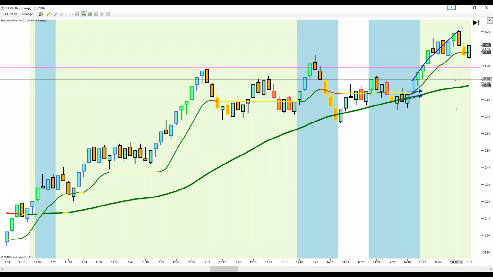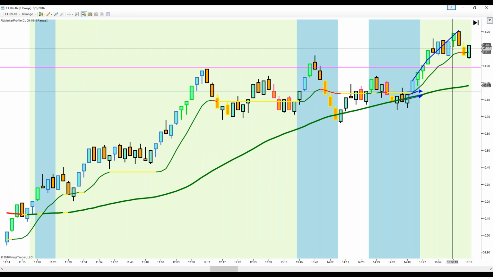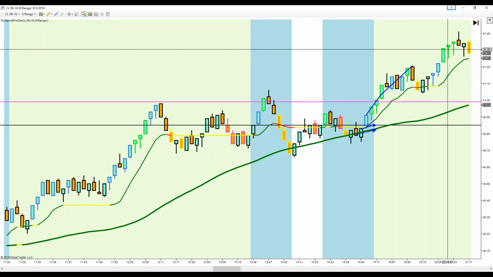Now, depending upon your ATM strategy, you'll get a piece of this move or all of the move, depending upon how much risk you want to take.